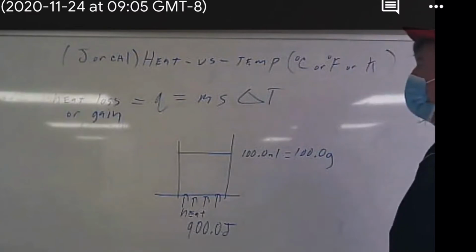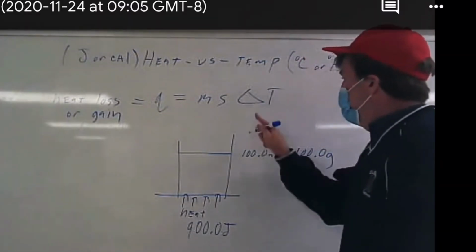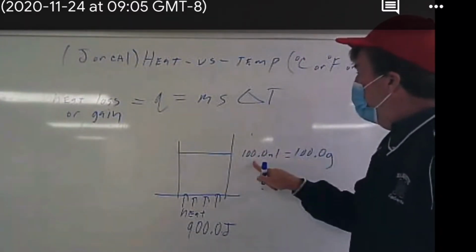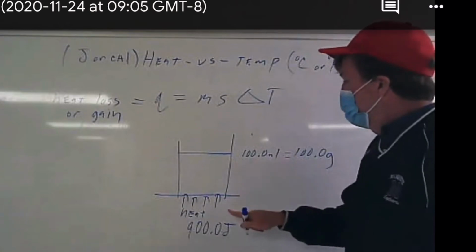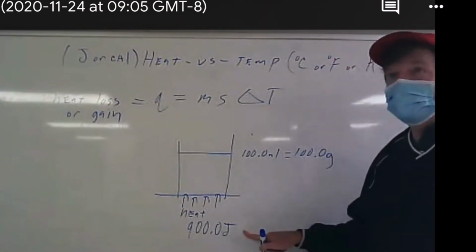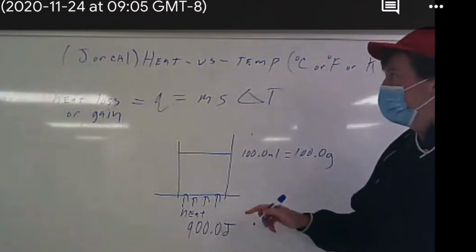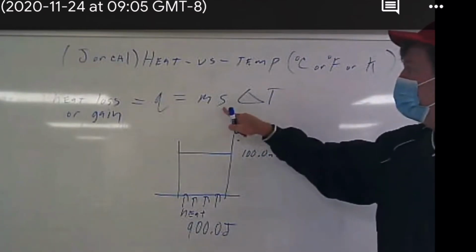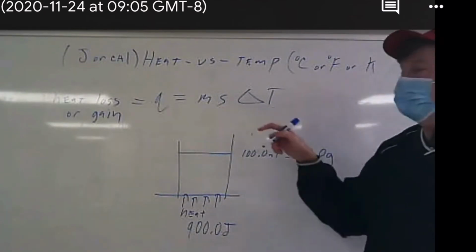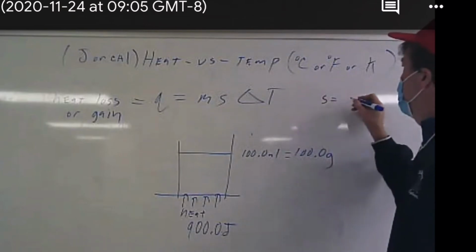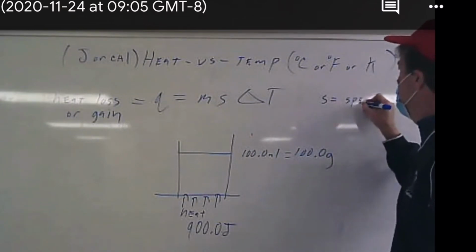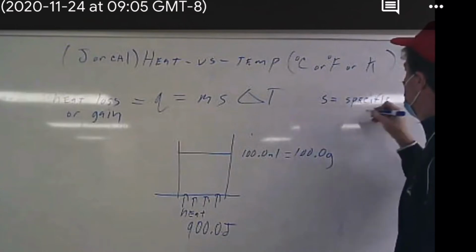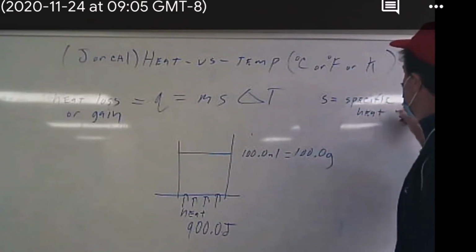We want to know the temperature change when this much water absorbs this much heat. But in order to do that, we need to know what S is. So let's write S. S is the specific heat capacity.